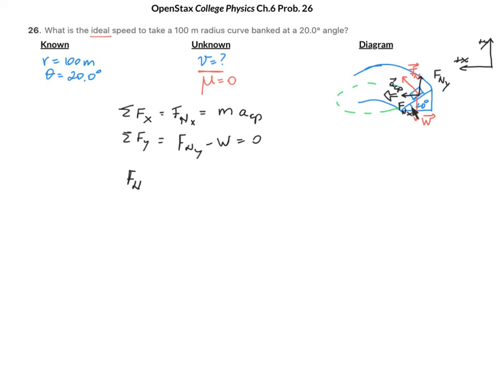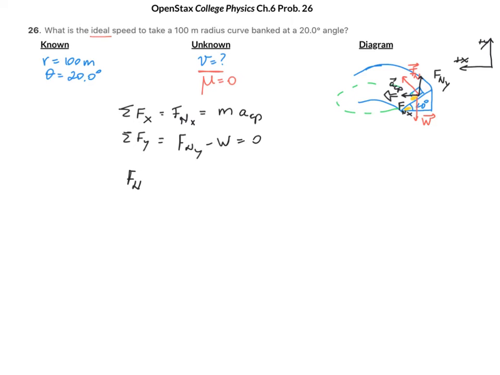I know that this is my 20-degree angle. I also know that this is a 90-degree angle. So this angle here and that angle there are alternate interior angles, so they are congruent. They have the same value. Both of those are 20 degrees.